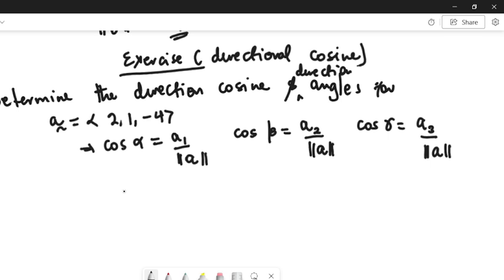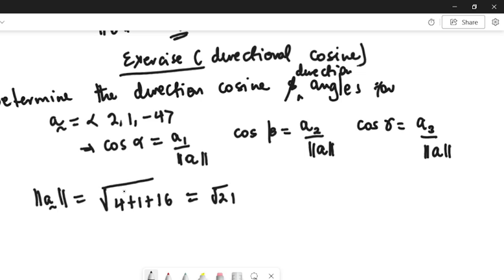In our case, we're supposed to get the norm, the distance. Another name for distance is norm, but we're going to use the name distance. The distance of A will be the root of 4 plus 1 plus 16, which is the root of 21. Now cos alpha is equal to A1, which is 2 over root 21.